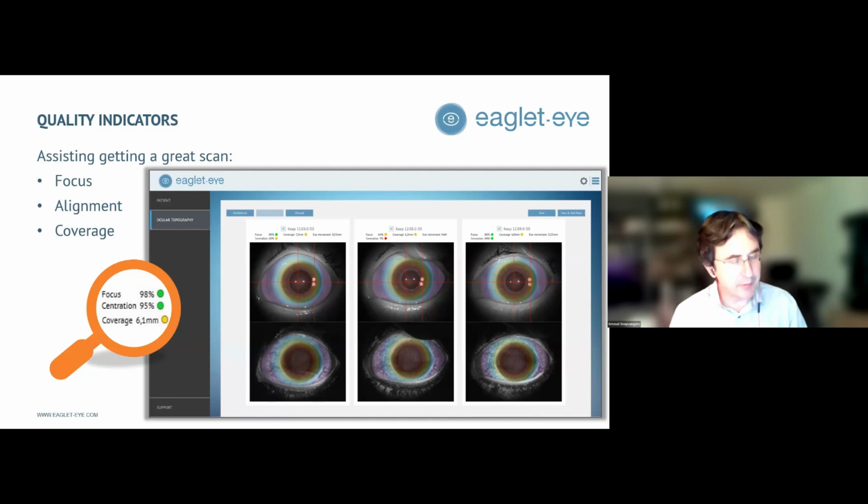But I'll be very frank, scleral lenses are fitted on highly pathologic eyes. So there could be cases that you have to do it again. But of course, it's really useful to have that right away after you've taken the shot, and your technician or yourself will be able to decide on what to do.